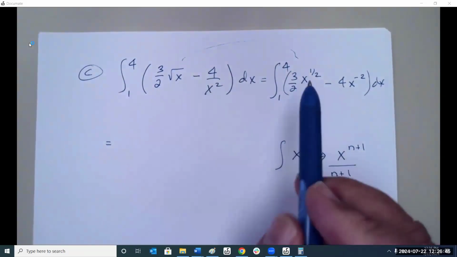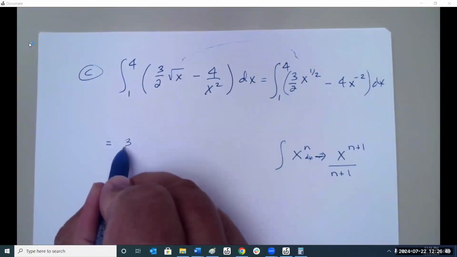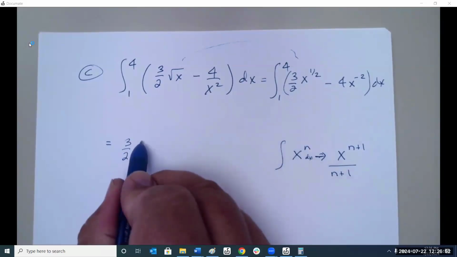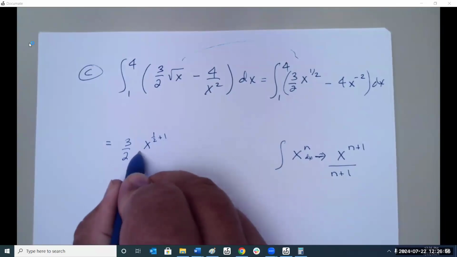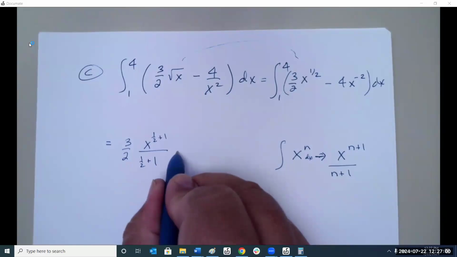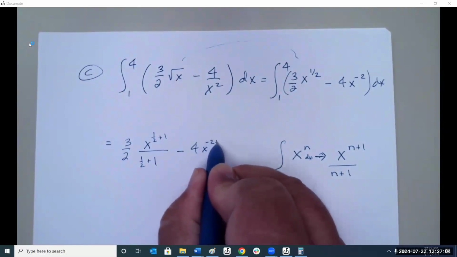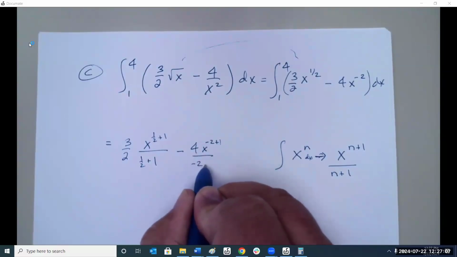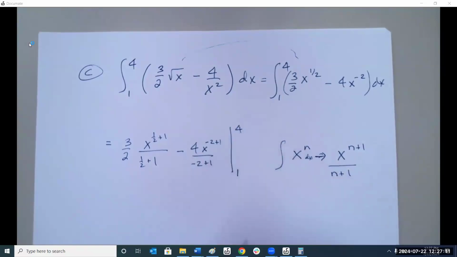Okay, so then this one is 3/2 x to the power 1/2 plus 1 over 1/2 plus 1, minus 4x to the -2 plus 1 divided by -2 plus 1, from 1 to 4.